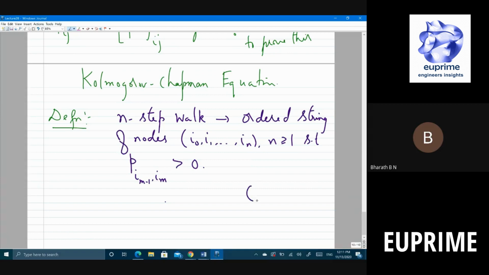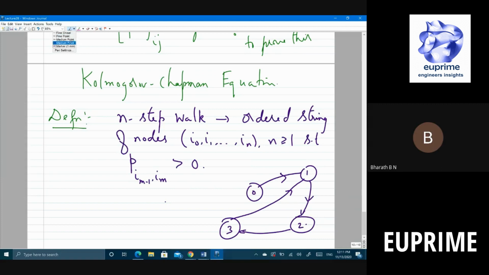So for example, if you have states 0, 1, 2, 3, this is a typical walk. I go from 0 to 1, 1 to 2, 2 to 3, and so on. Now I'll write another typical walk.